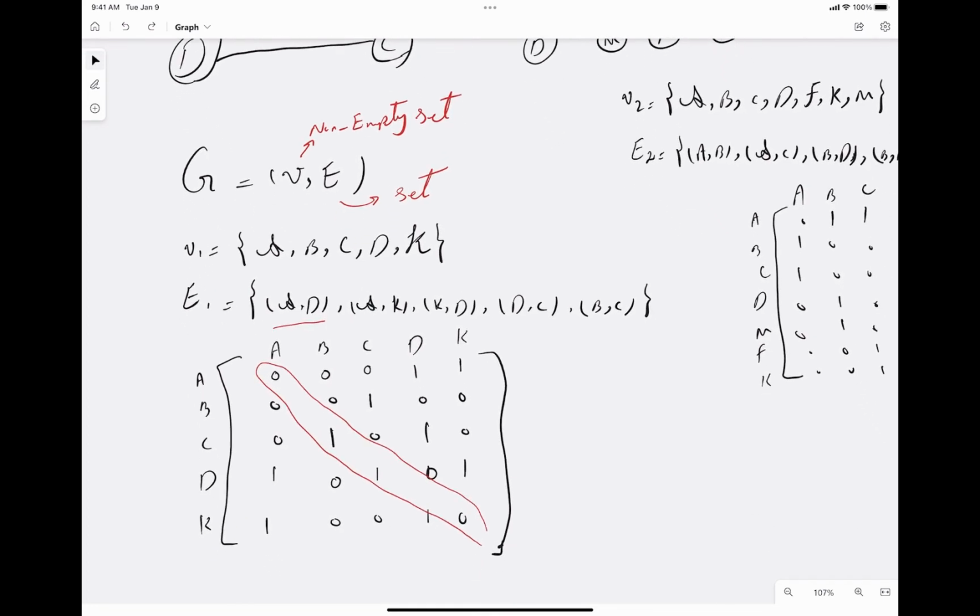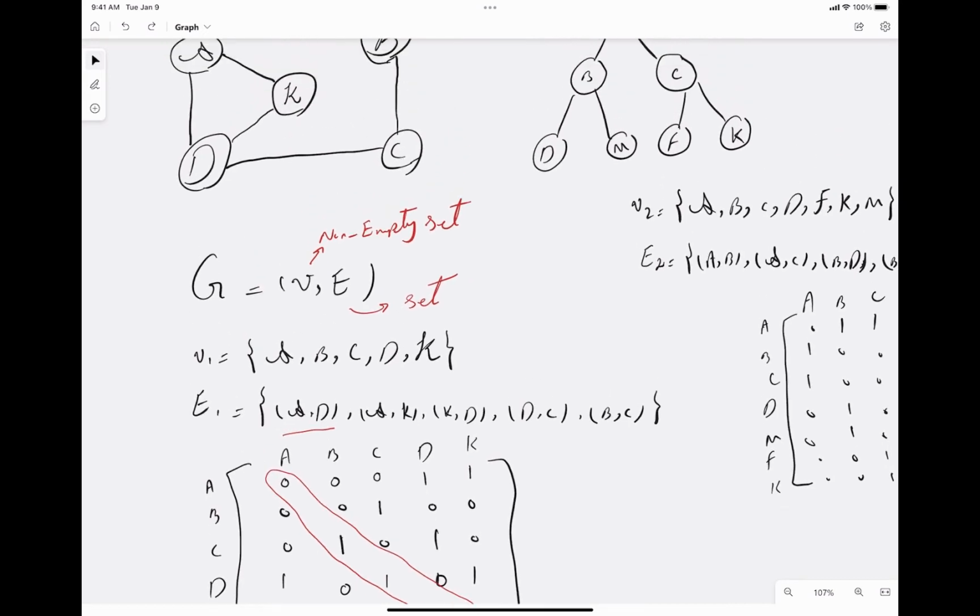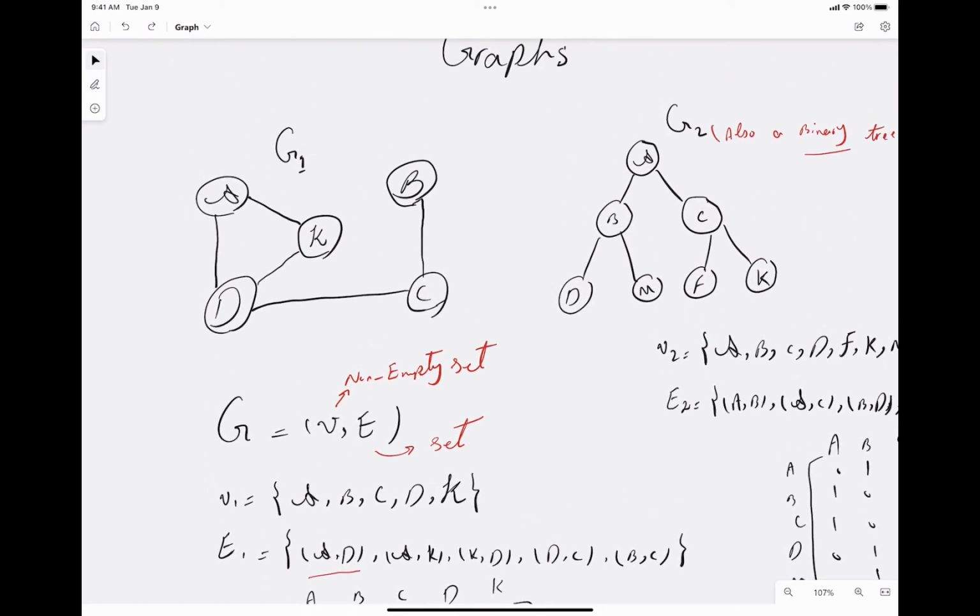It means that we only need to fill half of the entries, and the other one is going to be mirrored and have the same value. So it's going to be shorter, and we're going to save memory when we store the graph's information.